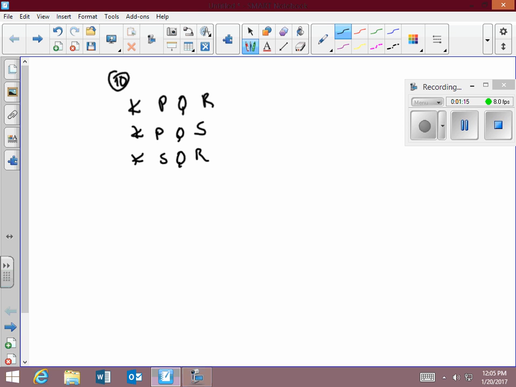All right. B, it says name two pairs of adjacent angles in the figure. Adjacent angles are ones that share a common side and a common vertex. Two of the ones we just named.